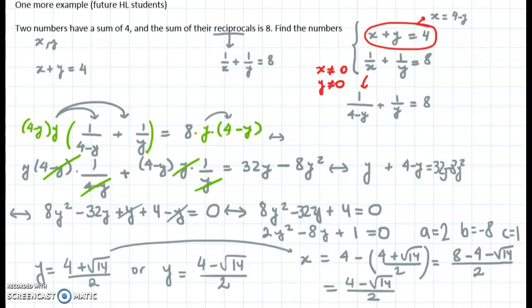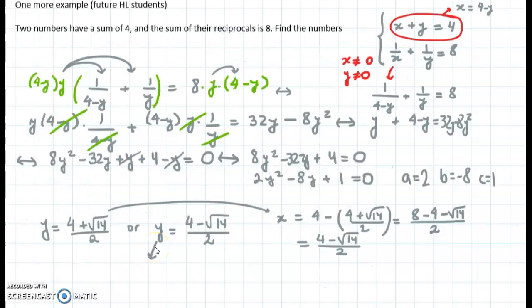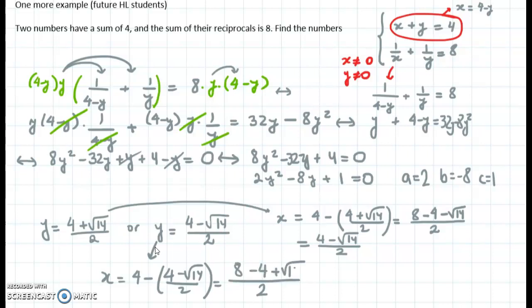It looks reasonable, right? So for the second value of y, the value of x is going to be 4 minus whatever that value is. So let me write it here. Again, I'm going to need a common denominator of 2, and I'm going to have 8 minus 4 plus square root of 14, so 4 minus square root of 14 over 2.